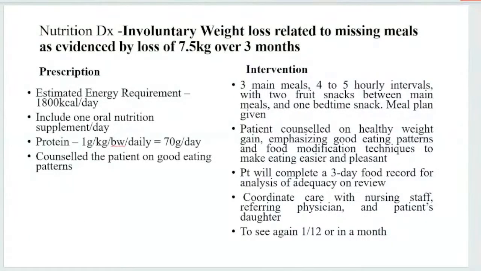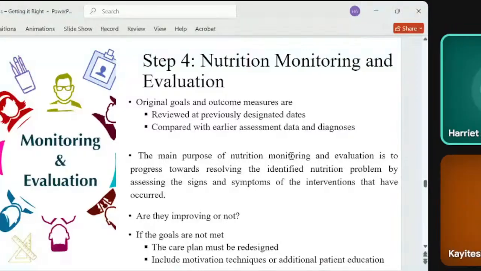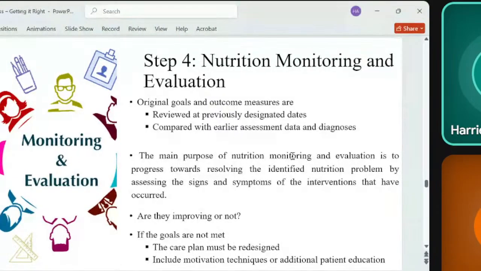And the last step is what your monitoring and evaluation goals are. And most of the time, your monitoring and evaluation will measure the evidence or the signs and symptoms that were in your diagnosis. Okay, so you have to write it so that we will know what you actually want us to monitor and evaluate.